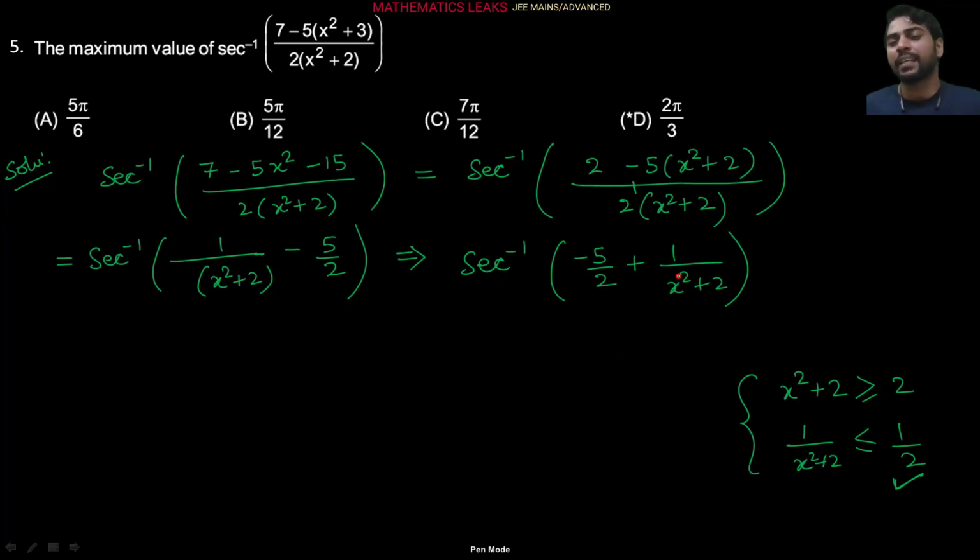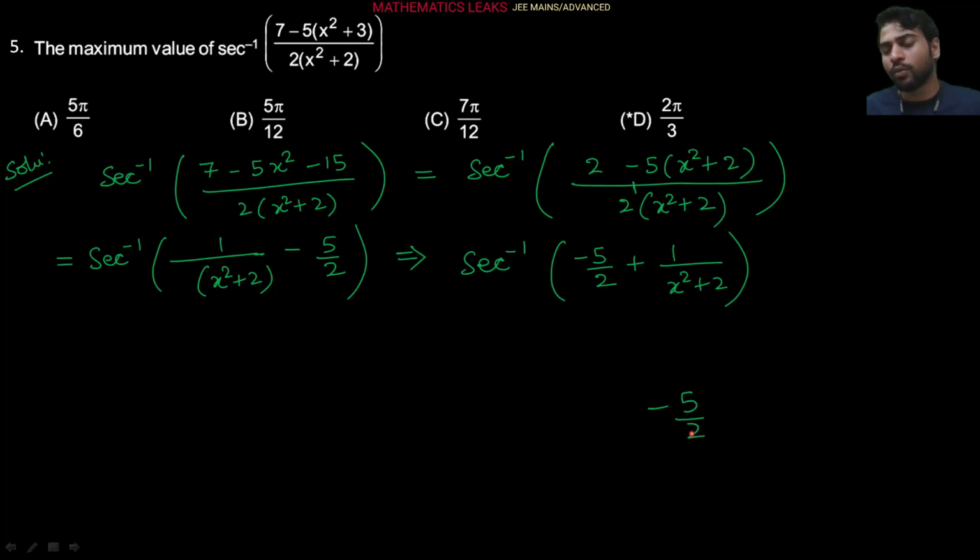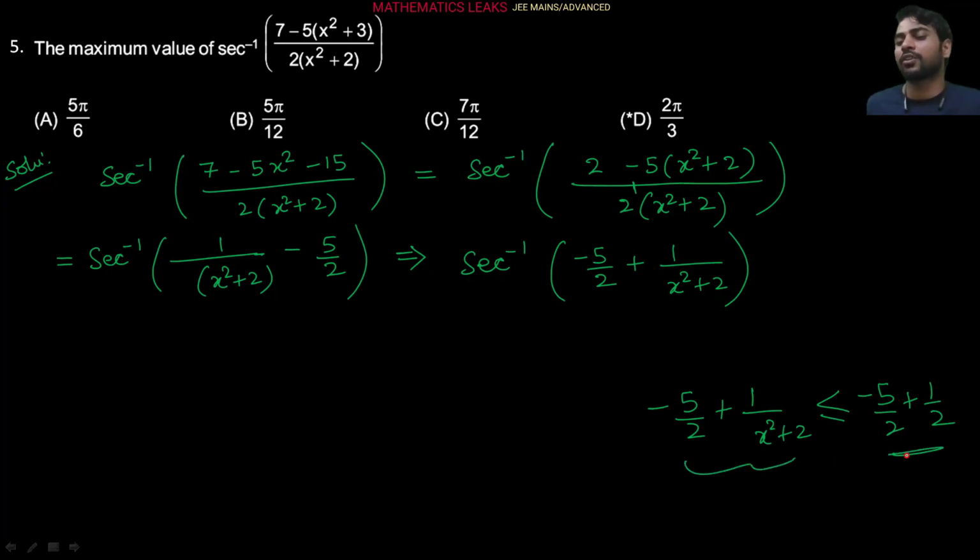So we can say this given quantity, minus 5 by 2 plus 1 upon x square plus 2, will necessarily be less than or equal to minus 5 by 2 plus 1 by 2. Why? Because x square plus 2 is greater than or equal to 2, as I already showed in the previous rough work. So this value will always be less than or equal to this.